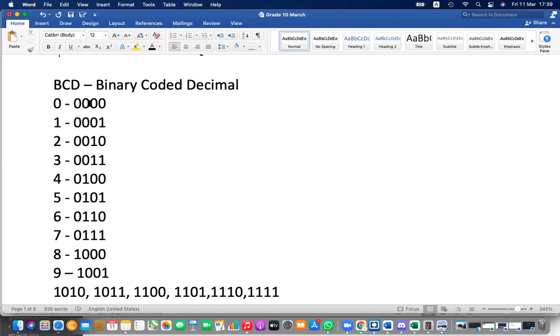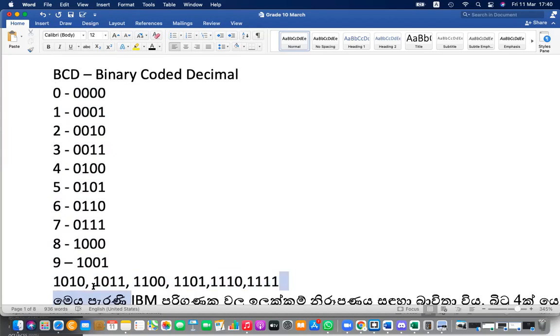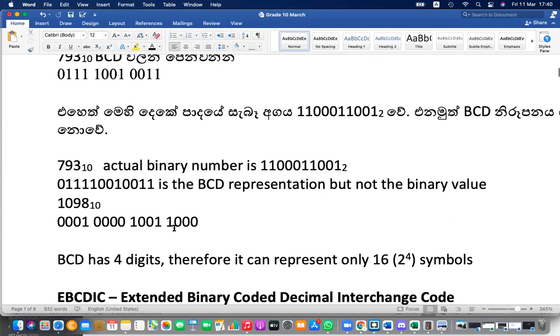Altogether 16, right? These are the unique representations available, but these representations are not used. It's used only for 0 to 9, or it can be used for mathematical calculations like addition and subtraction, but this is not enough because the maximum is 16. Therefore, there is another method of representing characters, which is called EBCDIC.